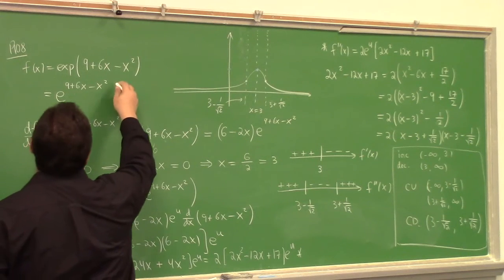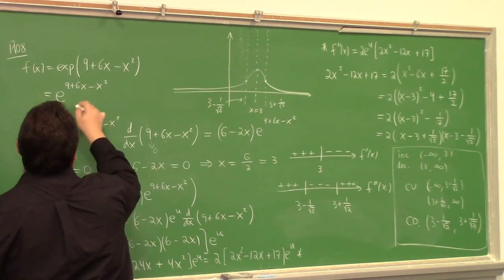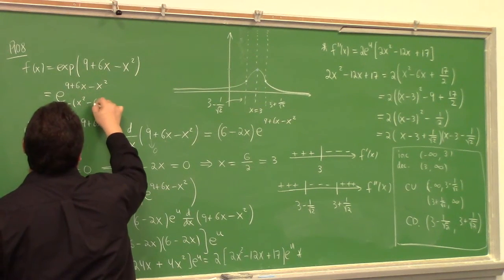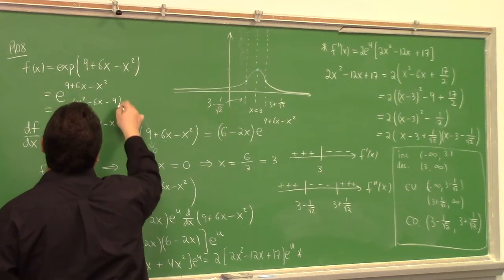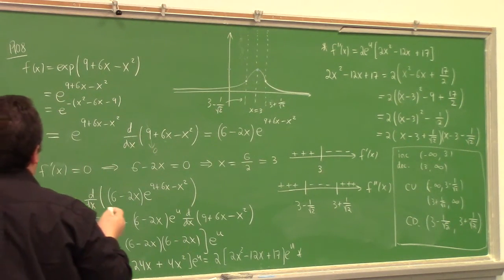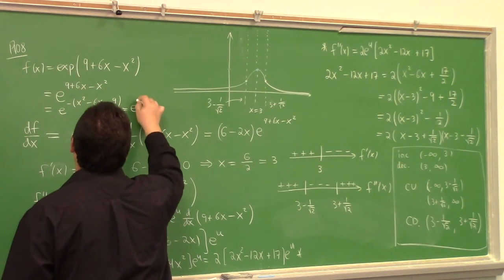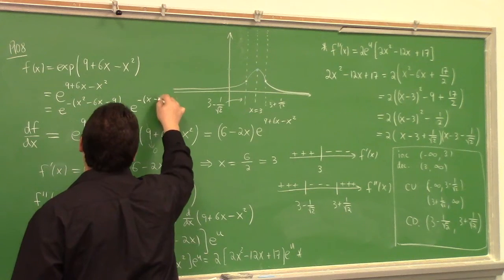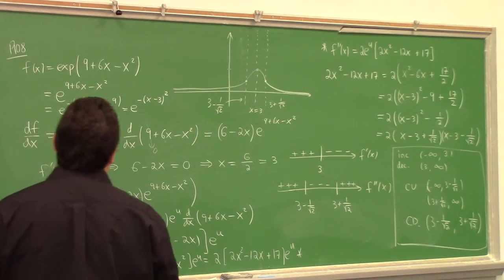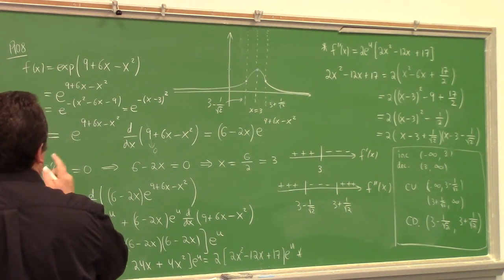Let me try something out for a second here. We have e to the minus x squared minus 6x minus 9, right? And what happens there? That's actually e to the minus x minus 3 squared? It's not that, though, because that would have a plus 9, right?